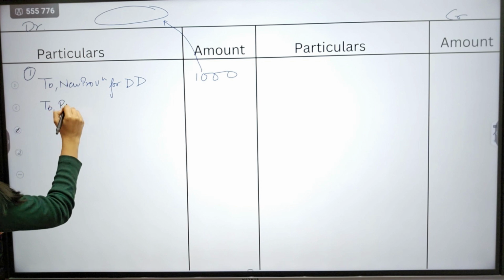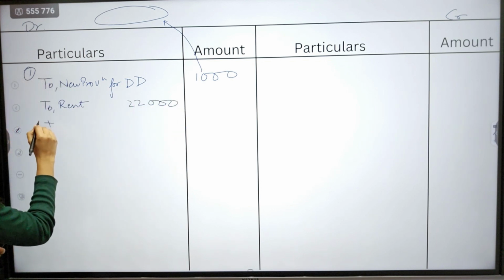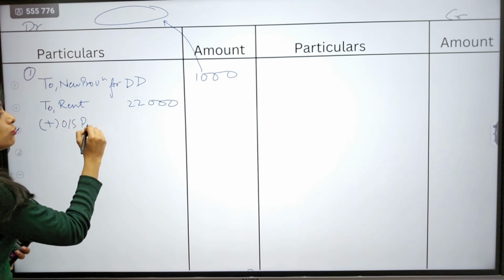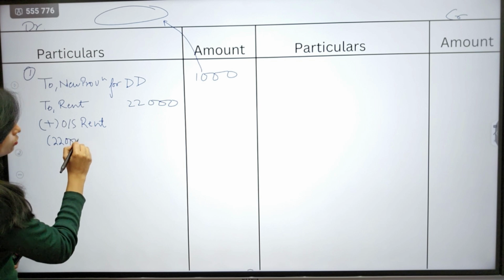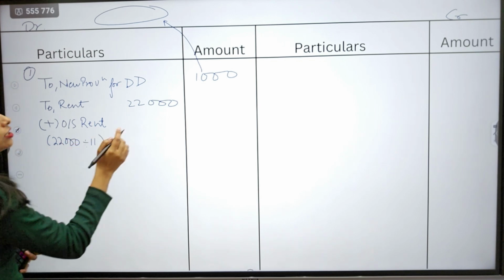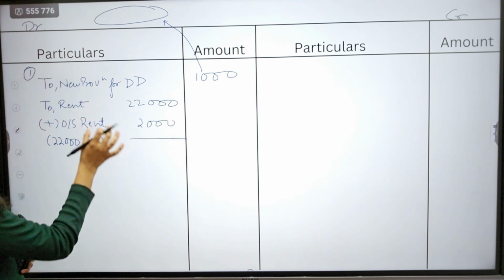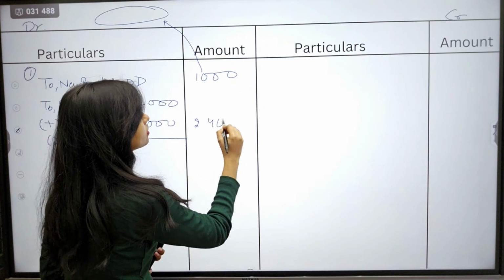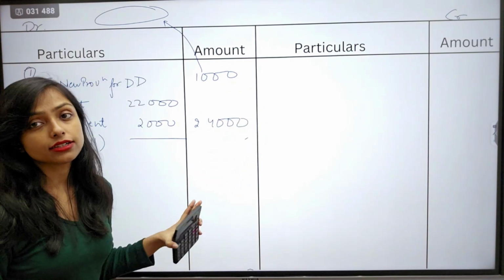First we'll write to rent the original amount that we have paid. 1 month rent is outstanding. How did we calculate it? 22,000 divided by 11. That's how we did it. So 2,000 rupees. We are going to add this and show 24,000 rupees whole as this year's expense of rent.